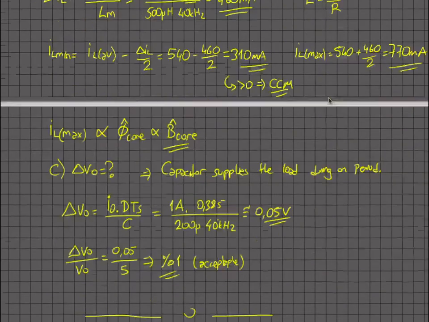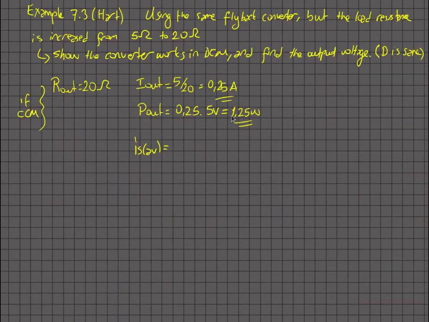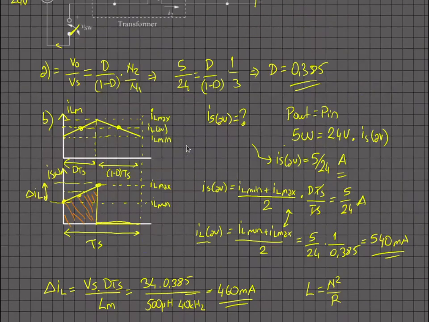It's not 5 watts anymore, but it's 1.25 watts. So 1.25 divided by 24 is our average current, and if you calculate it, it's around 52 milliamps.